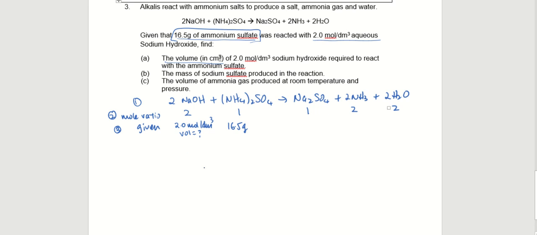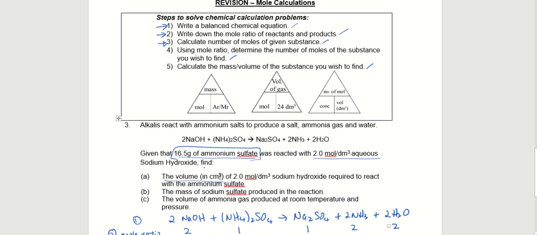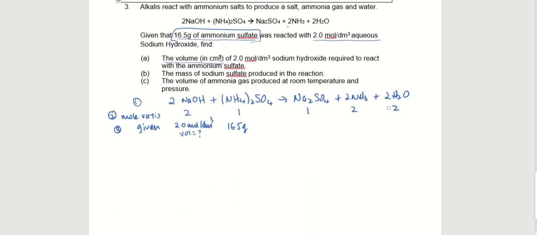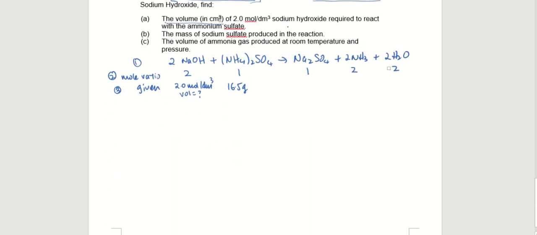Okay, so we have written down the given information. So now let's calculate the number of moles of the given substance. Now we are given some information on sodium hydroxide, but we can't really do much with it because we do not know the volume, but we are given the mass of ammonium sulfate that was reacted. So we can now calculate the number of moles of ammonium sulfate.